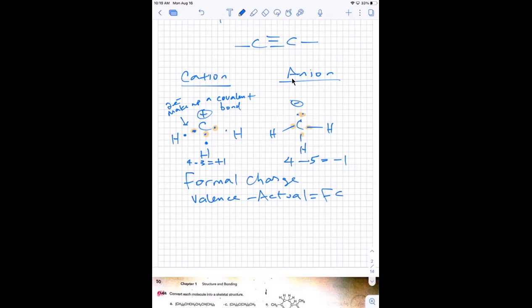So anytime you have an extra electron, it's going to increase the charge to -1, right? If I add 2 more electrons, then the charge would go up to -2. I can't do that here because it'll violate the octet rule. But the point is, every time you add an electron, the charge is going to become more negative by a factor of 1. All right, great question.